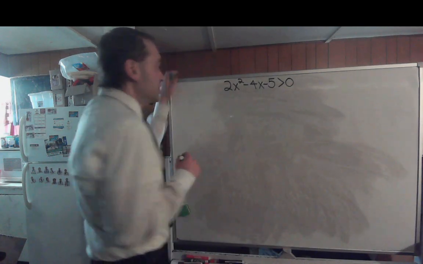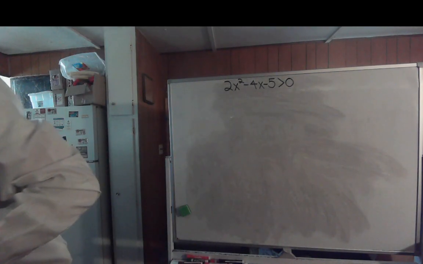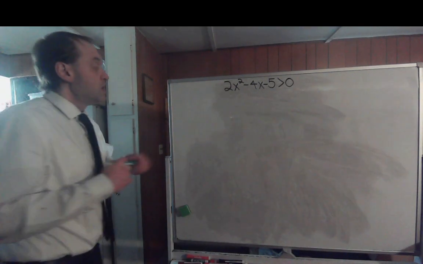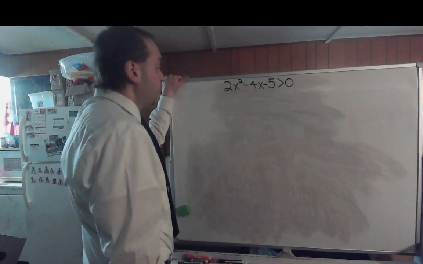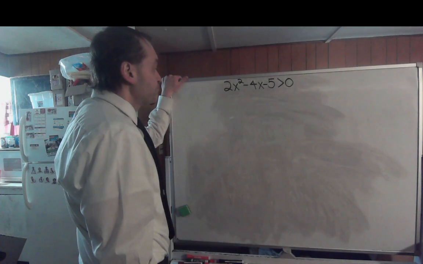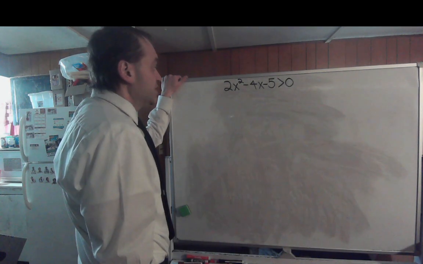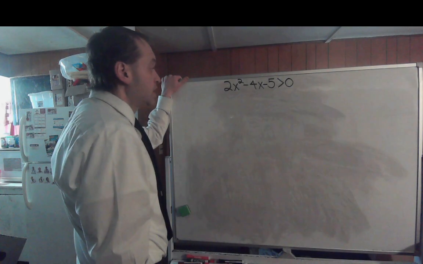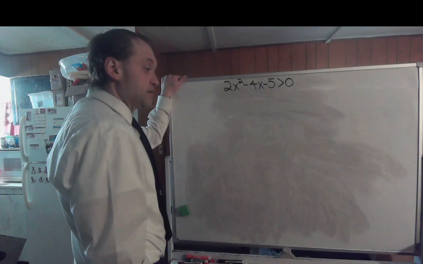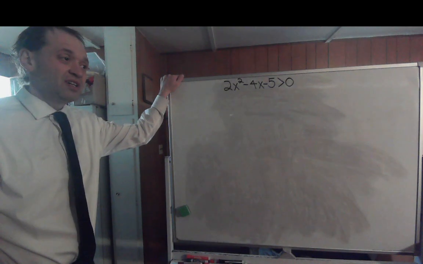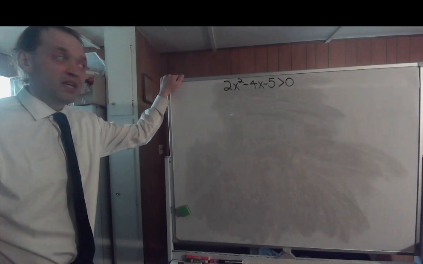Let's see how we're going to do that here. Well, unfortunately, if I am looking at this correctly, you can't really factor it. But you could still use the quadratic formula. It's just going to be a little hideous.